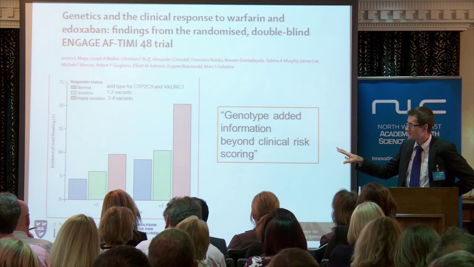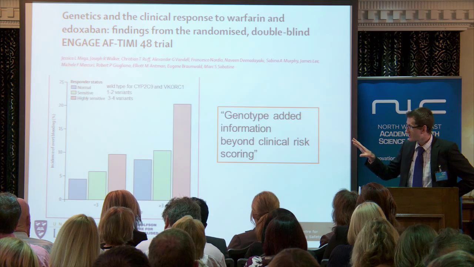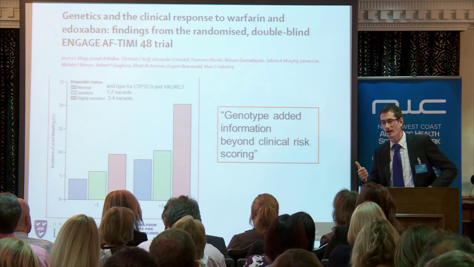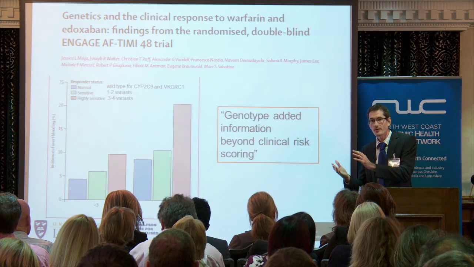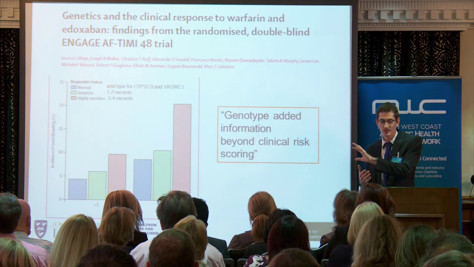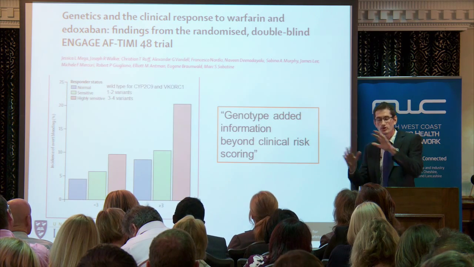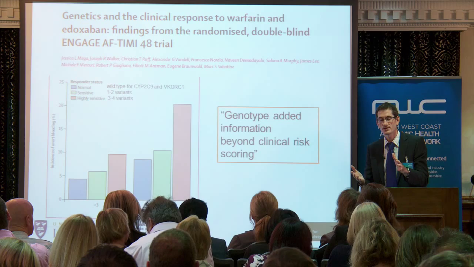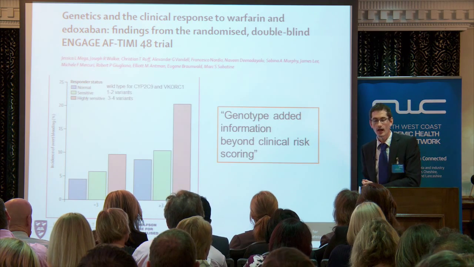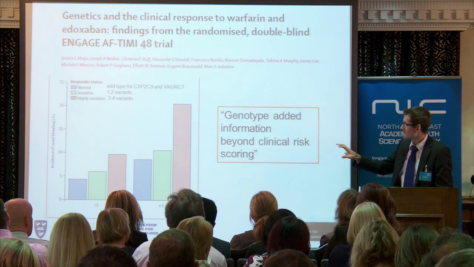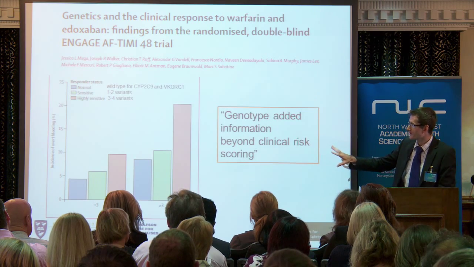This is a recent publication from the Lancet, which adds further evidence to the idea that it is people who have multiple variants in these warfarin pharmacogenetic genes who stand to benefit most from not just using warfarin standard dosing practices, but using some other method of management. And they did two things.